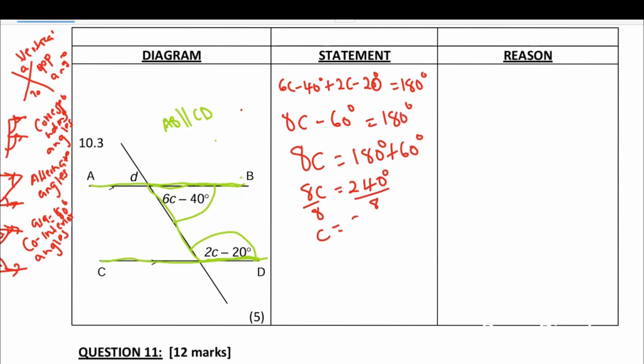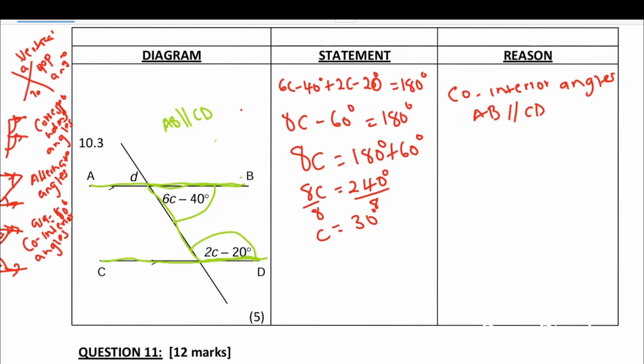And therefore C is going to be 30 degrees. The reason is co-interior angles, because AB is parallel to CD.